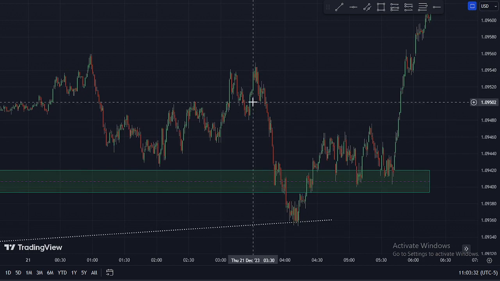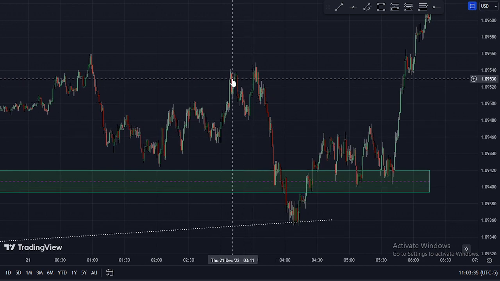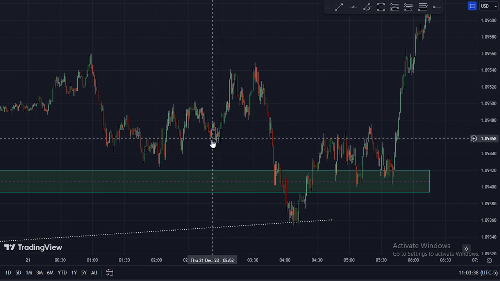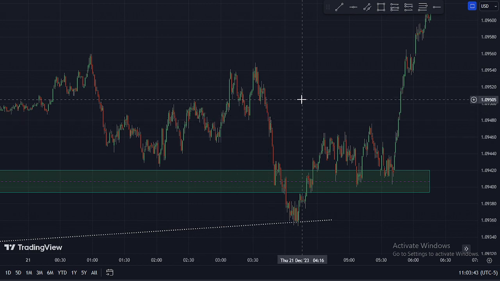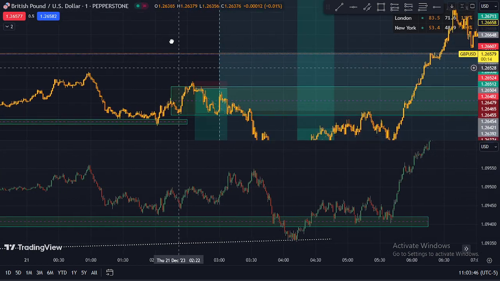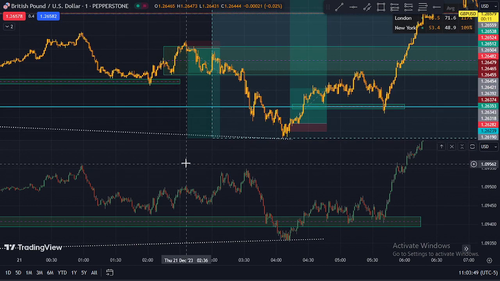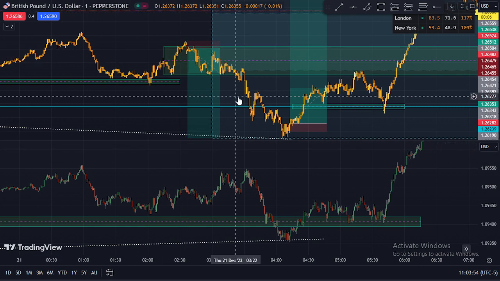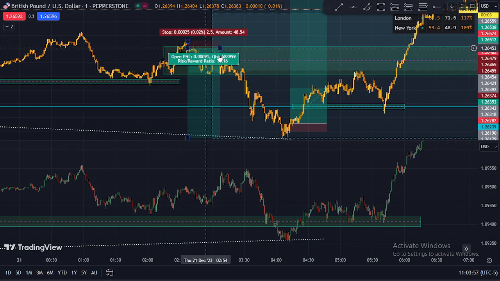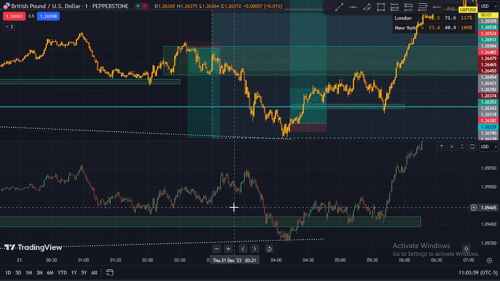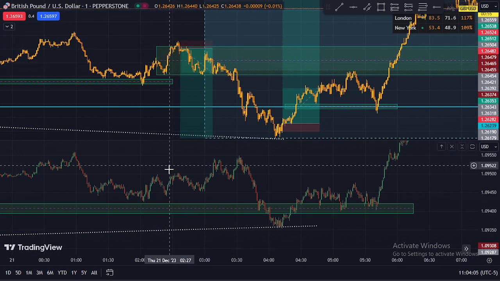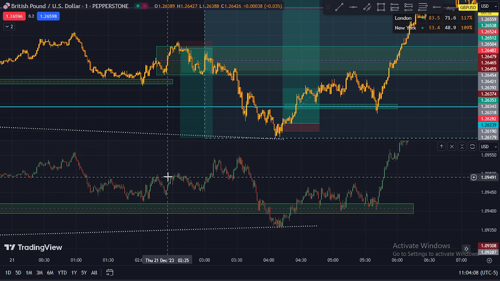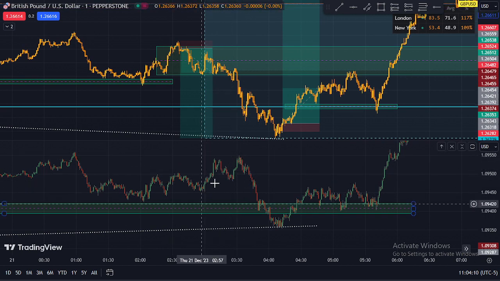So here was 2:30. As you can see, pound was making the lower low right there, and on the Silver Bullet, see this line, as it was making that lower low, euro was unwilling and it made a higher high.